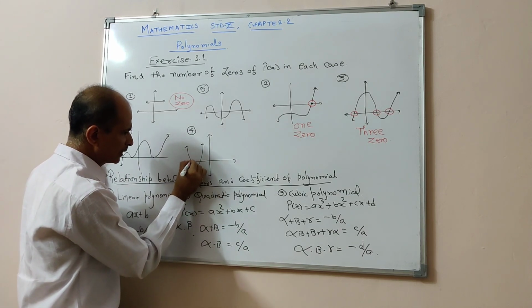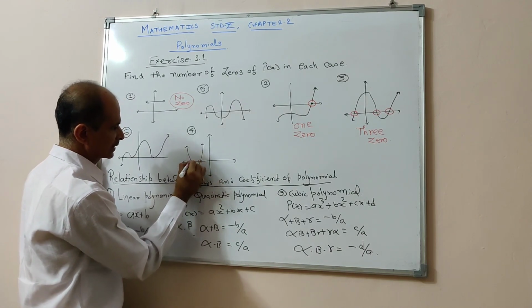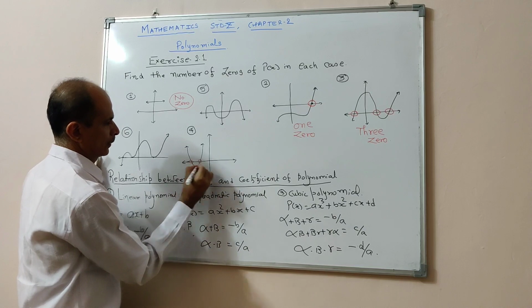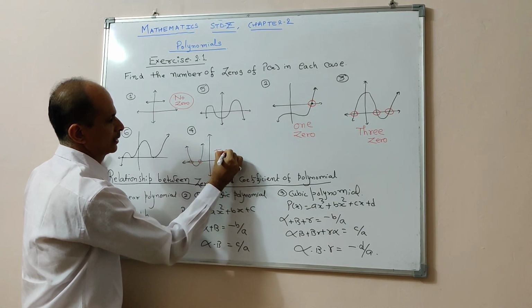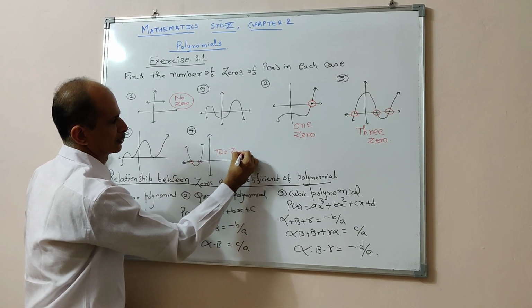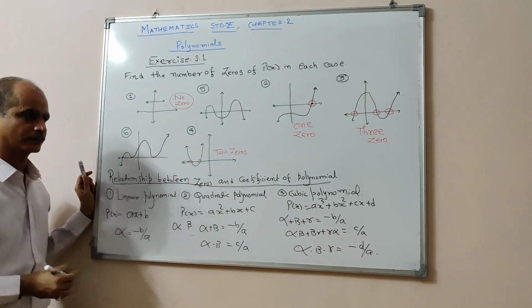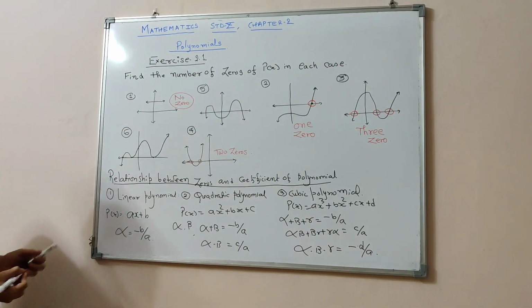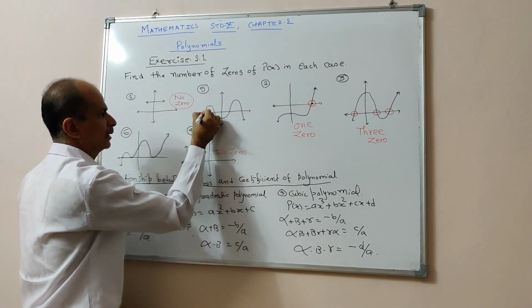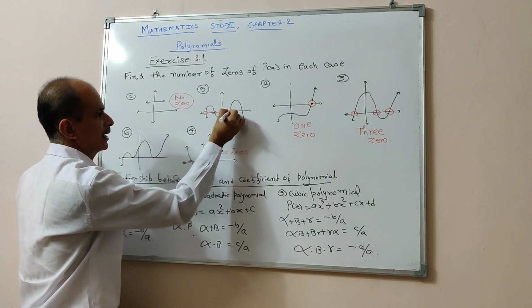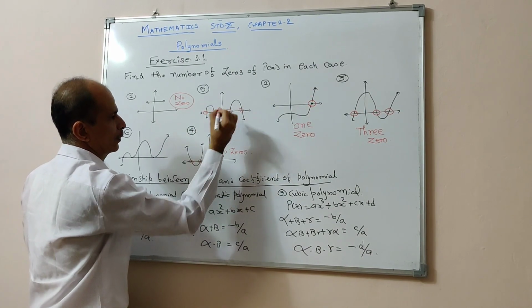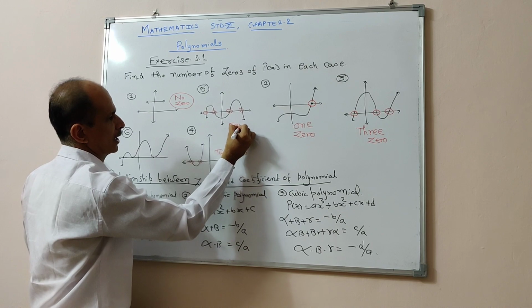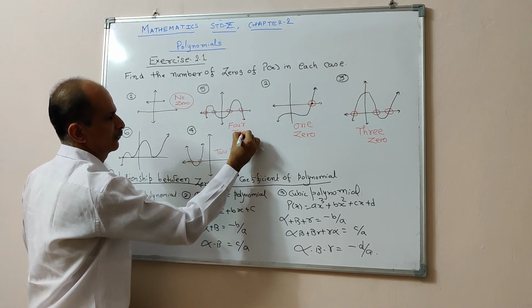Here the graph intersects the x-axis at 2 points, and that's why it has 2 zeros. In example number 5, the graph intersects the x-axis at 4 points, and that's why this graph has 4 zeros.